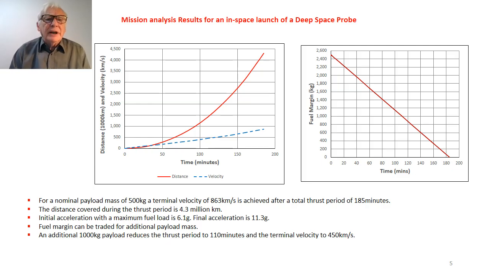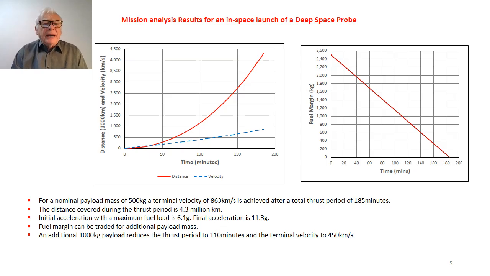So now we will look at the results for the mission analysis that we described in the previous slide. That is an in-space launch of our deep space probe. And the key results that you get from your analysis are shown in the two plots here. In the left-hand plot, you can see that we've got distance travelled and velocity against the time that the thruster is being fired.